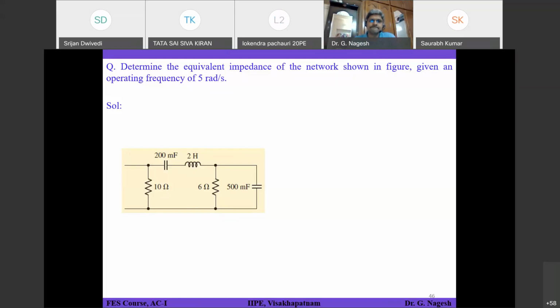Minus j. What about the 500 millifarad capacitive reactance? Minus j 0.4, maybe. When you say capacitance, you should always say the minus sign also. Okay, let's see that.